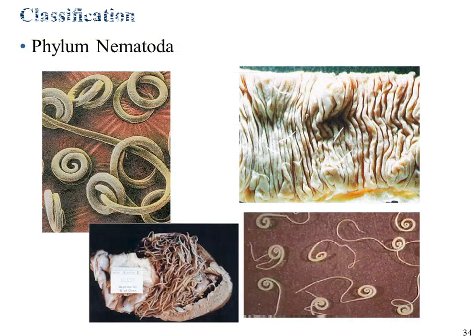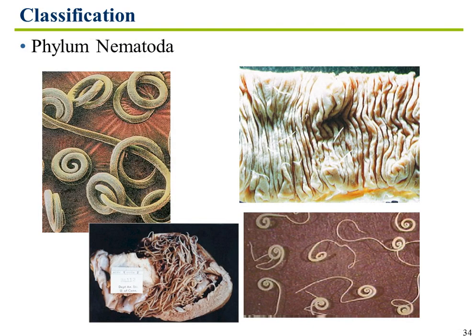Then we have the nematodes, roundworms. So let's start up at the top right. These little small things you see in the intestine, they look like tiny white pins, I guess we'll call them, are actually pinworms. It's Enterobius vermicularis, the common pinworm. Then you've got whipworms right below it.